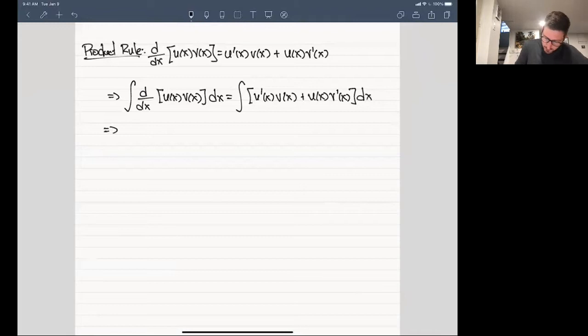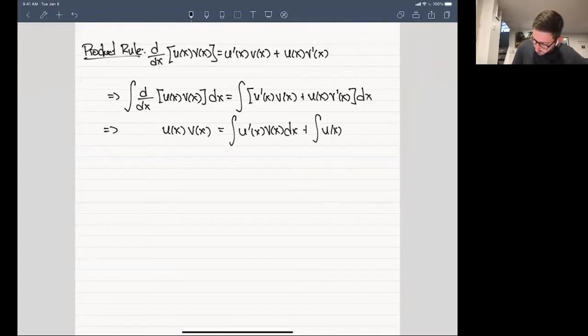So essentially what I get is u of x, v of x back, and I can distribute that integral. I can use the linear property of this integral to distribute over to the sum in this way.